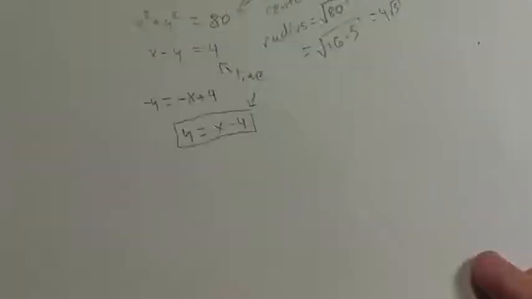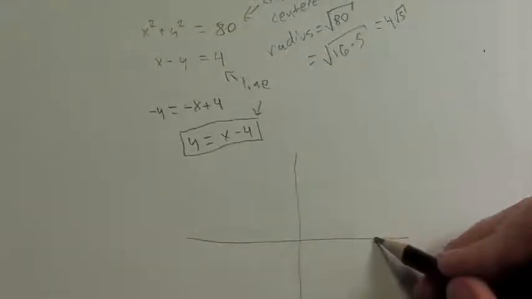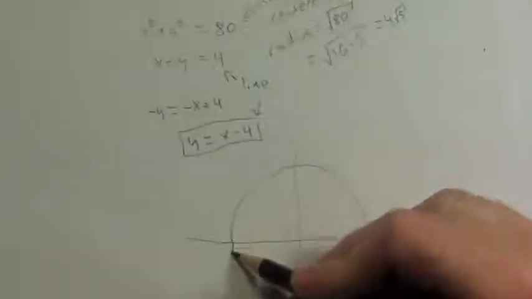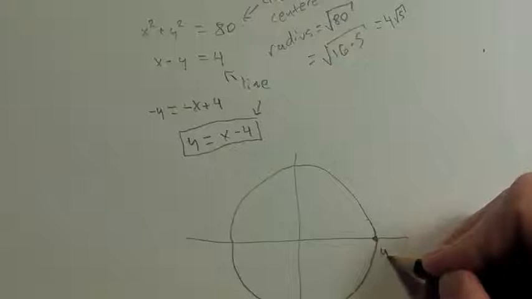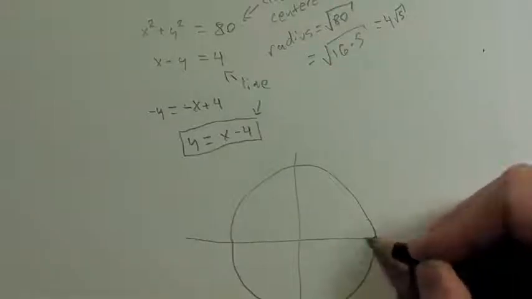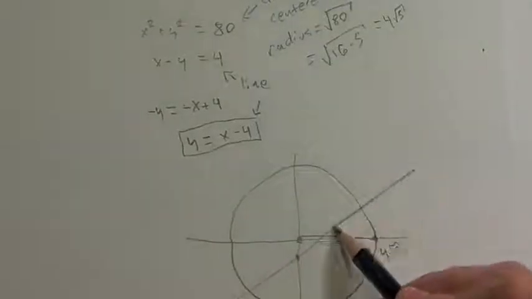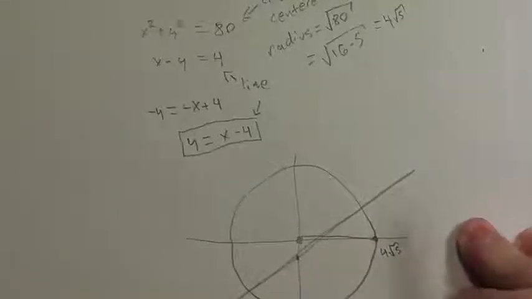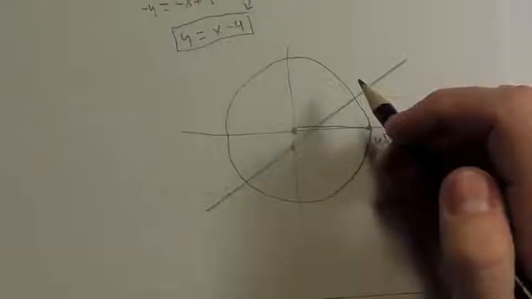So what is happening here is we have a circle of radius 4 root 5 centered at the origin, and then we have this line here. If you can see that, you can see half of it. So here's my circle.